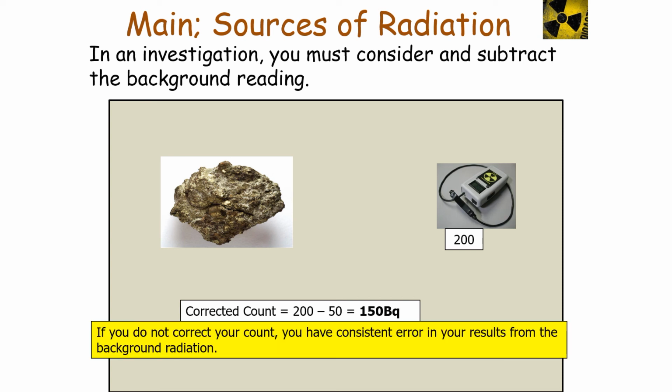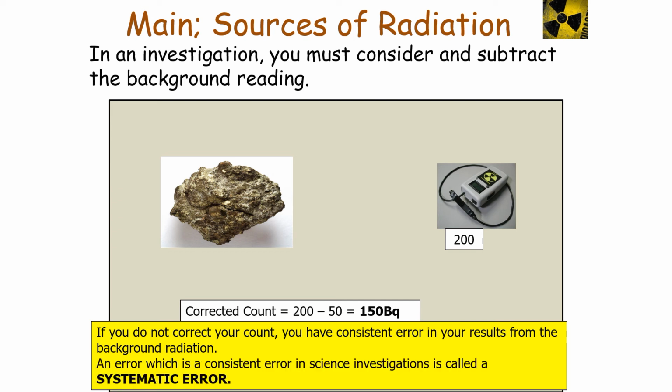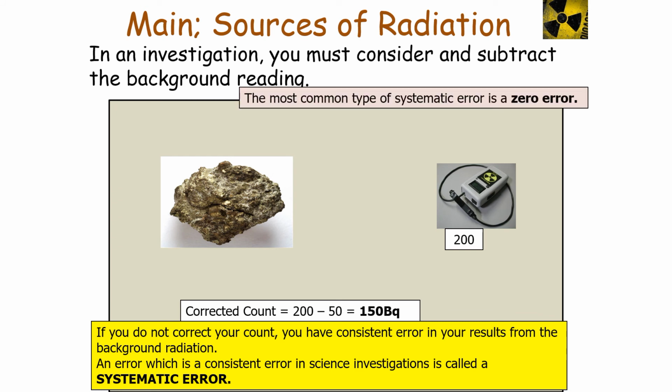If you do not correct your count, you'll have a consistent error in your results from the background radiation. Now it's important to note that a consistent error in a scientific investigation is called a systematic error. The most common type of systematic error is a zero error, but this is another example of where you would get a systematic error.